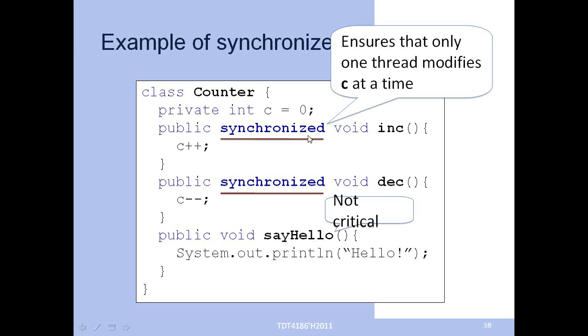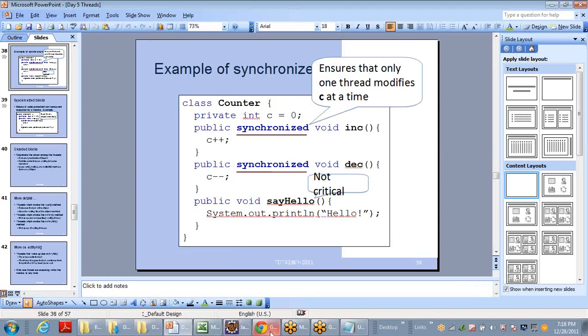If it is static, I told you it's one instance per class, and so the other object instances should not access it at the same time. If you synchronize at the class level, that restricts the access for the other objects. So the keyword, if you put it at the class level, let me show you that.